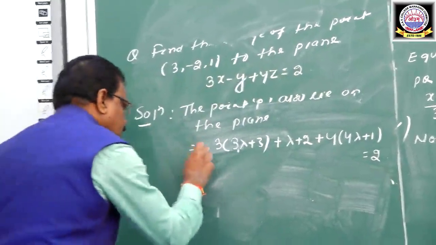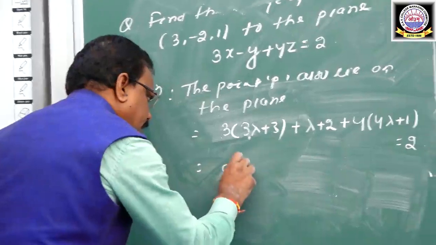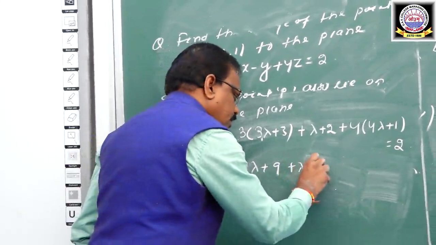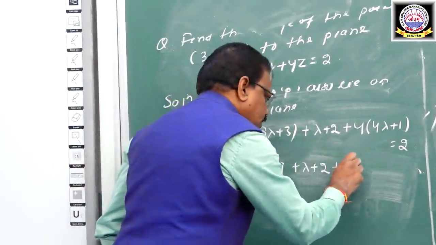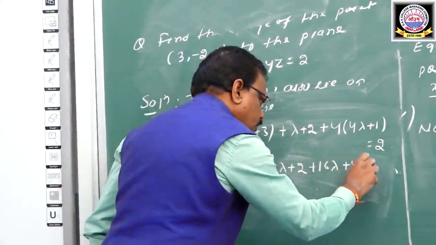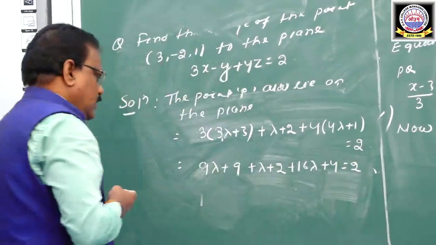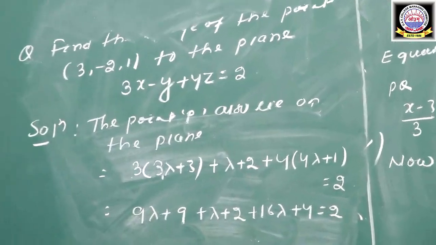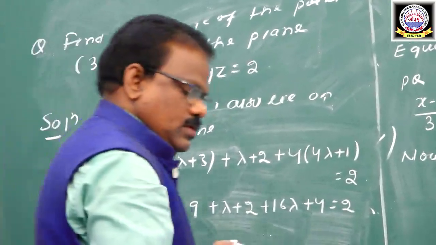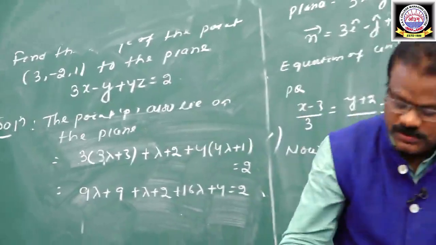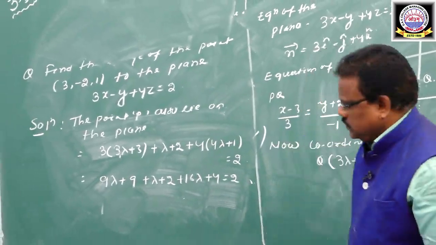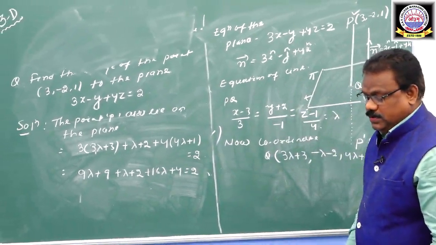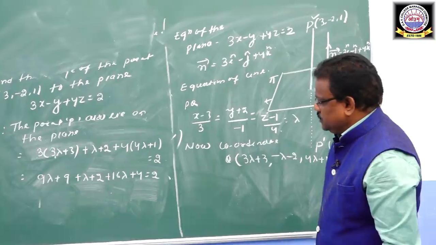Solve it. So 3 into 3, 9 lambda plus 9, plus lambda plus 2, 16 lambda plus 4 is equal to 2. Let us check whether the calculation is correct or not. 9 lambda plus 9, then lambda plus 2, 16 lambda plus 4, correct.